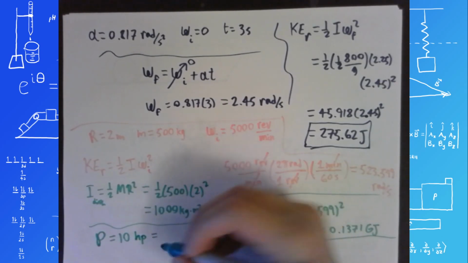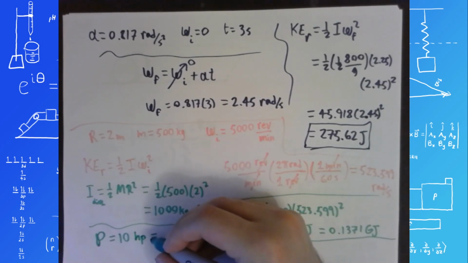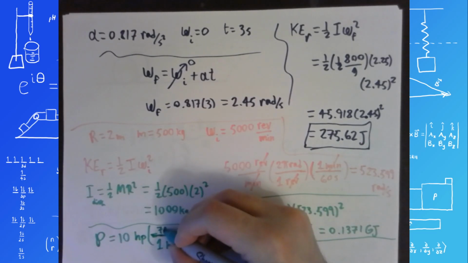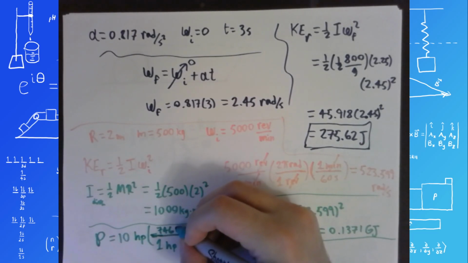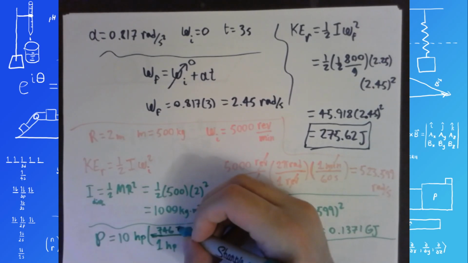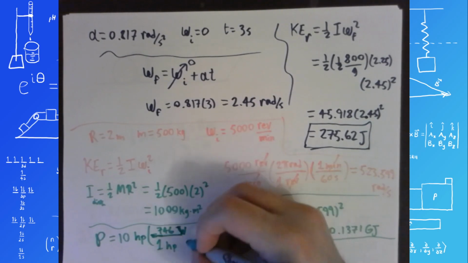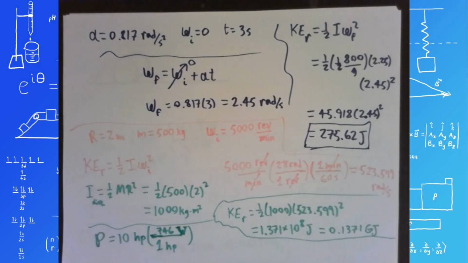Every 1 horsepower equals 746 joules. Or wait, joules? No, watts, I should say. Which is a joule per second.